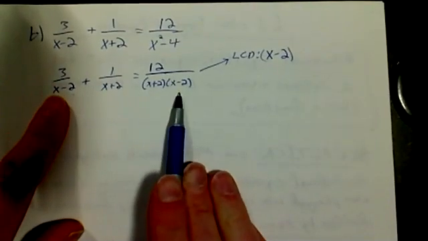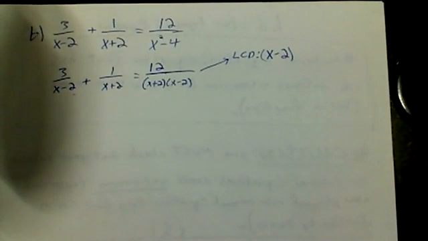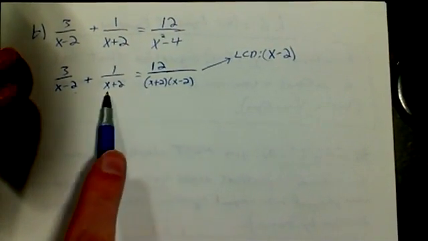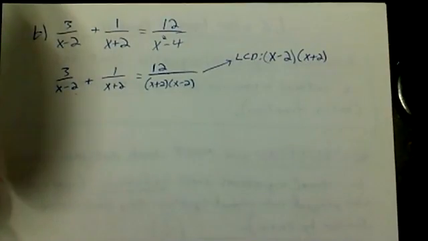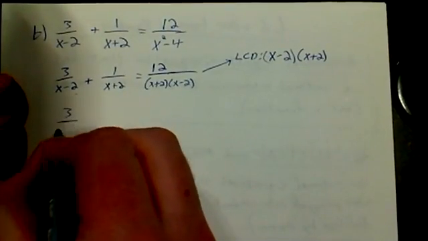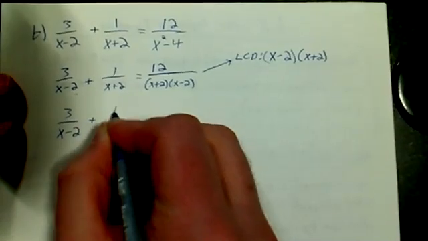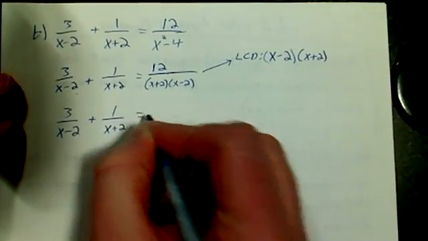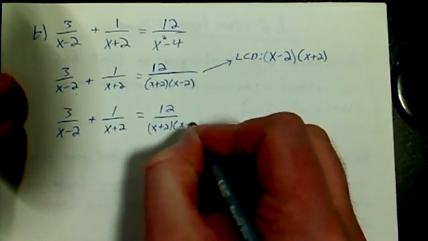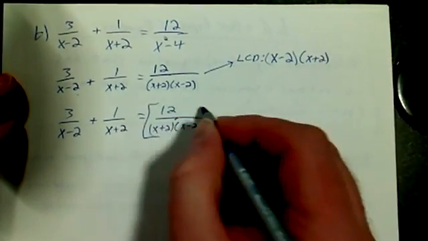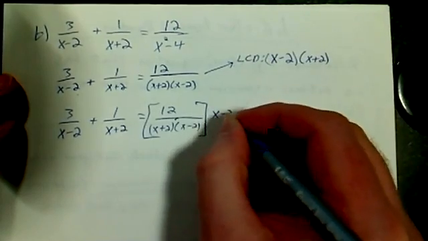Now that I've taken care of all the x minus 2's, how about for the x plus 2's? X plus 2 to the first power. There's my LCD. So I'm going to do the same sort of thing. I'm going to multiply both sides of the equation by that LCD.